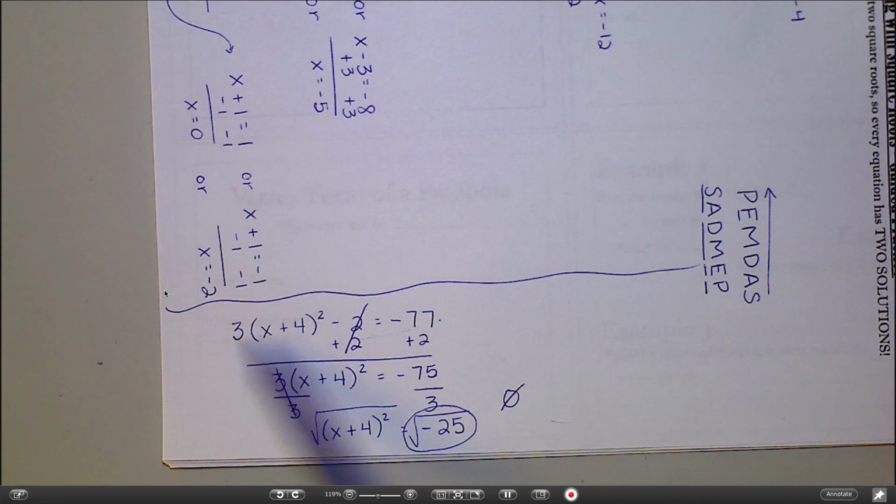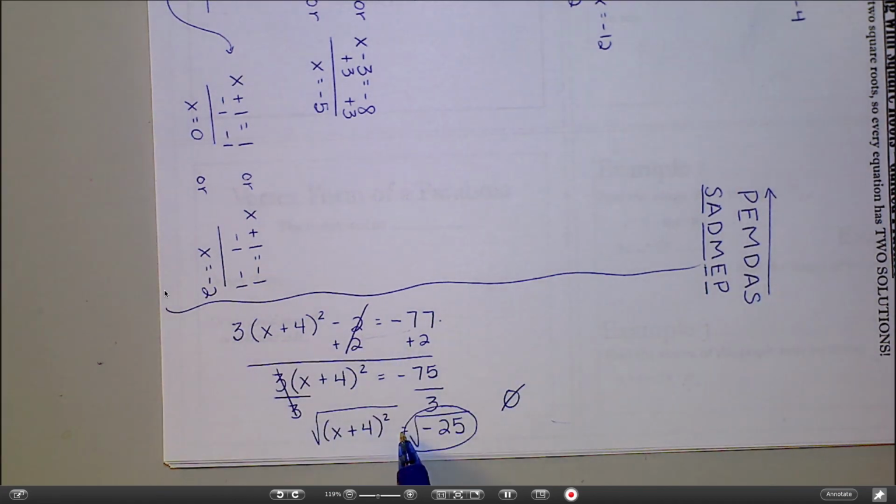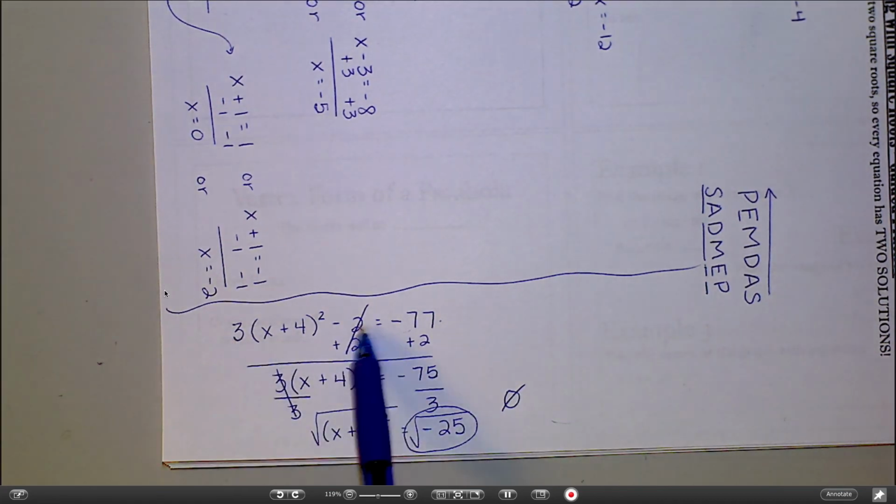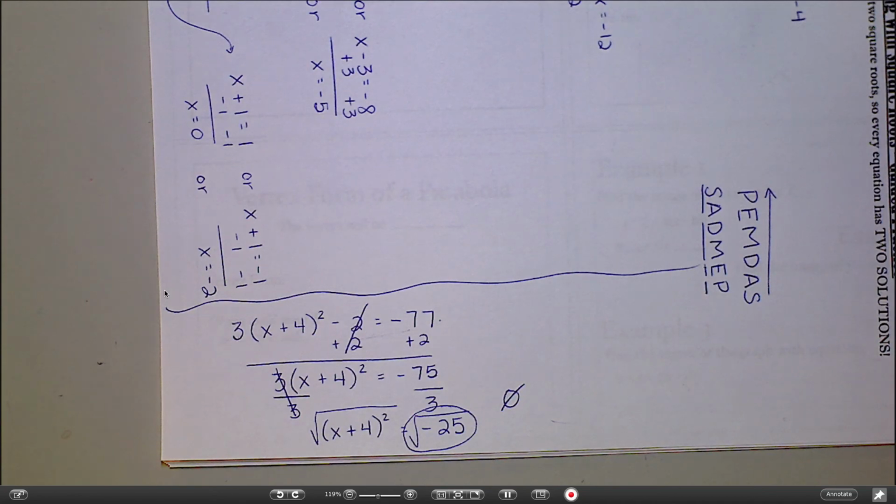Because sometimes when you're getting rid of like this 3 or this 2 or whatever the stuff outside the parentheses is, sometimes you're going to flip from negative to positive or positive to negative. So you can't tell until you get to the point where you're actually taking the square root. When you go to take the square root, if you're left with a negative number over there, that's when it's going to be no solution.